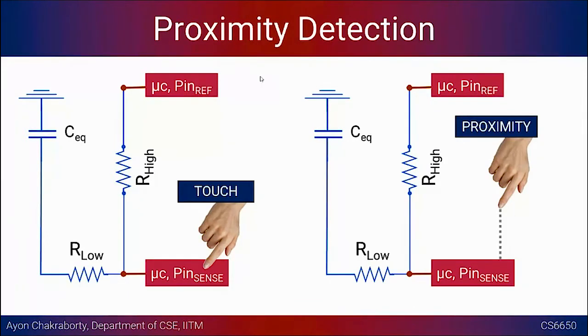All these things are interrelated. What is the maximum distance? What are the properties of this hand or the object that we are bringing in proximity to the electrode, and what are the properties of the electrode itself?